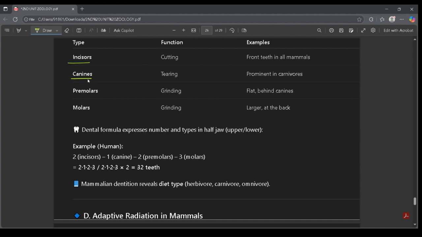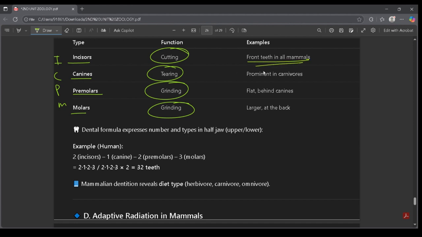We have incisors, canine, premolar, and molar, of course, ICPM. Incisors are for cutting, canines for tearing, premolars for grinding, and molars also for grinding. Incisors are front teeth in all mammals, canines are prominent in carnivores, premolars are flat and behind the canines, and molars are large at the back.